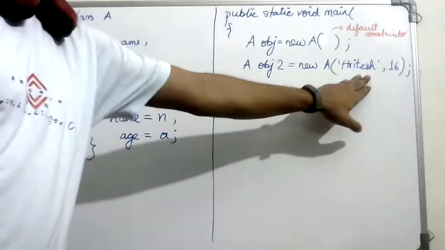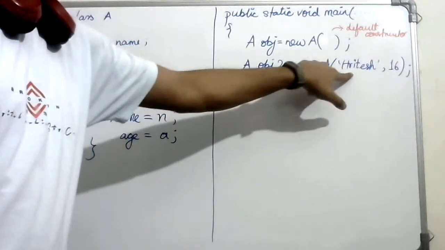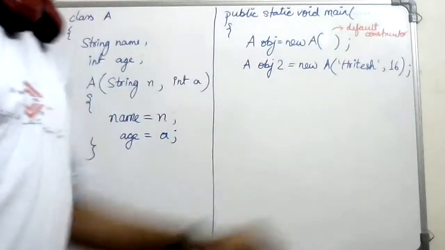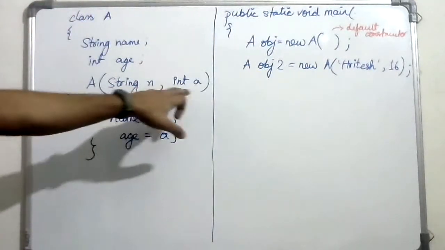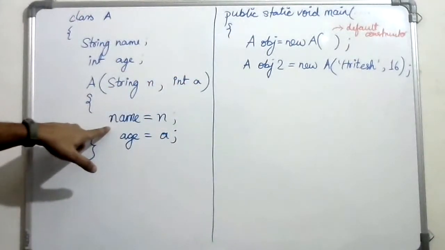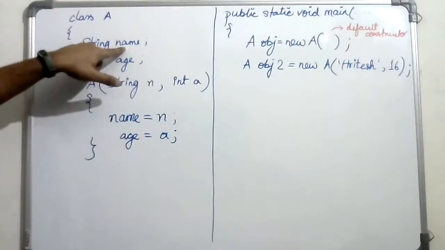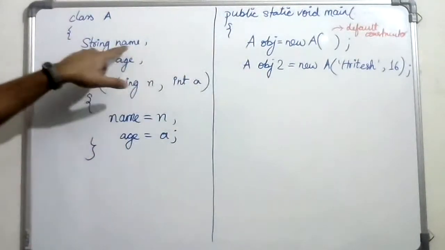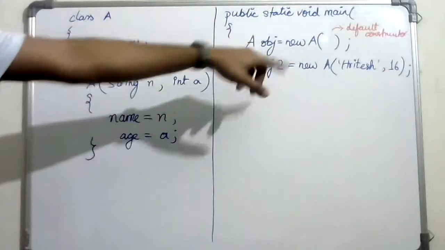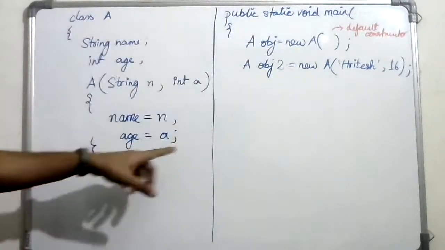Here, first I'm passing the name as an argument, which is an actual value, therefore it is called an argument. I'm passing the name and the age, which are received in these two variables, n and a. Finally, inside the parameterized constructor, I'm initializing the name variable of object2 to n, which is Ritesh, and the age variable of object2 to 16.